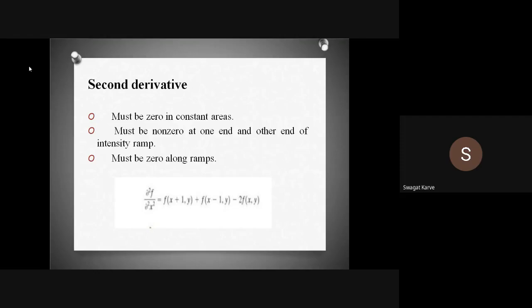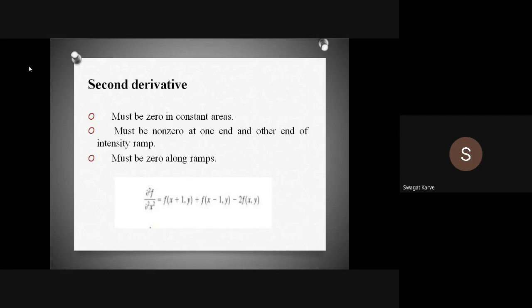This is the equation for the two-dimensional image f(x, y) at any location (x, y). It can be expressed in other ways: del square f is equal to d square f upon dx square plus d square f upon dy square. You have learned about the second order derivative, and the same function we are using here.